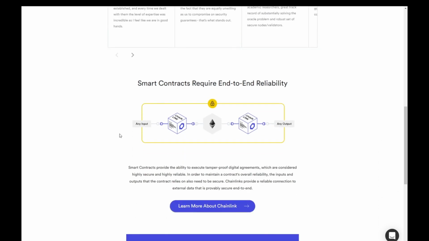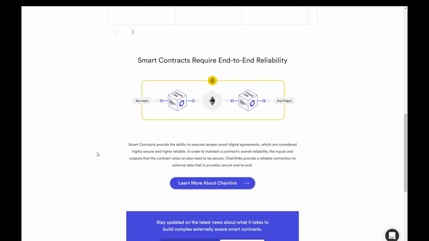Very good. So smart contracts require end-to-end reliability. Smart contracts provide the ability to execute tamper-proof digital agreements, which are considered highly secure and highly reliable. In order to maintain contracts' overall reliability, the inputs and outputs that the contract relies on also need to be secure.